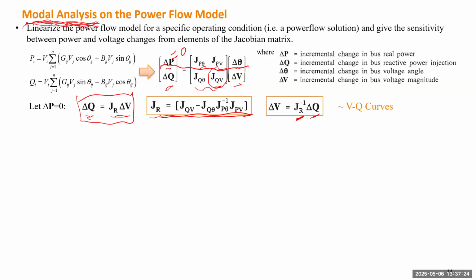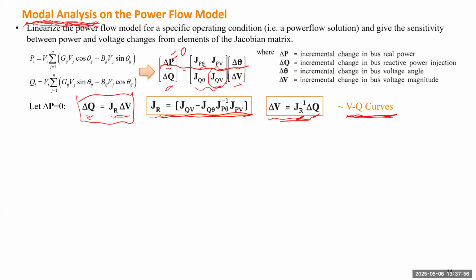All right, so this JR tells how the voltage can change with Q, or how the injection needs to be determined based on the desired improvement of the voltage, which means this is actually a generalized version of a VQ curve. Okay, because if delta V, delta Q, they both have just one dimension, this is exactly the VQ curve. That JR will be the slope at the operating point, near the operating point for the VQ curve.